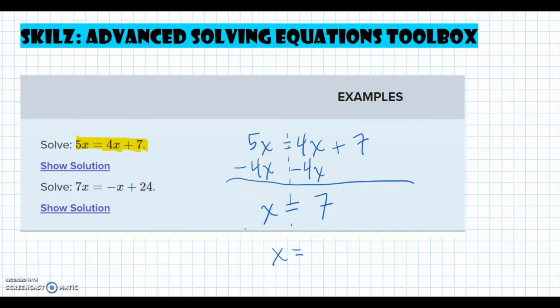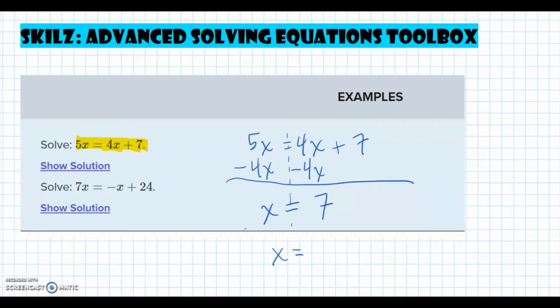So 1x equals 7. So typically what you do is you're going to add or subtract groups of x to do this, to collect the variable on one side of the equation and the numbers on the other. It's a little bit of separation.